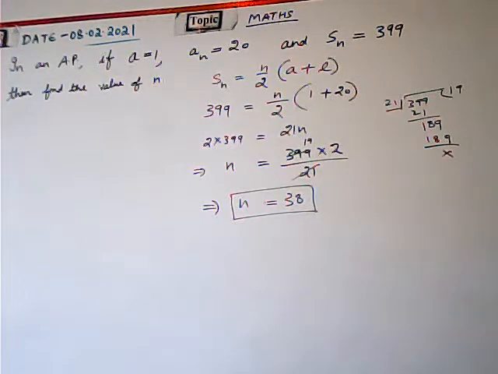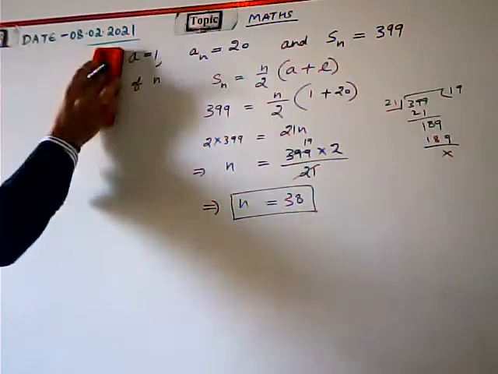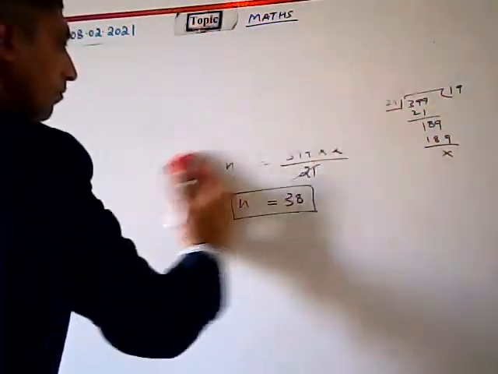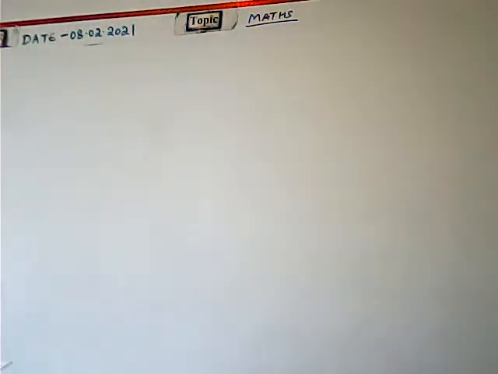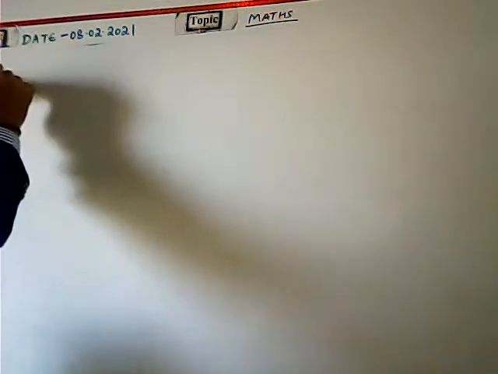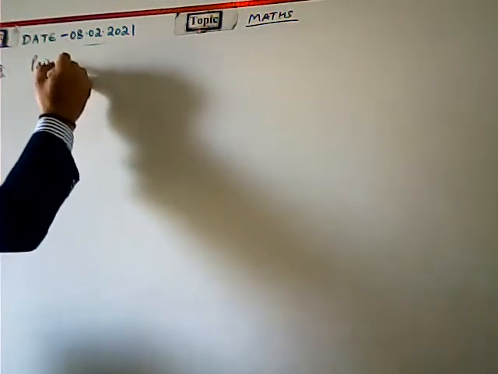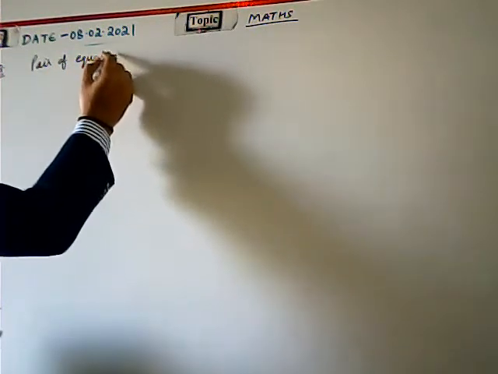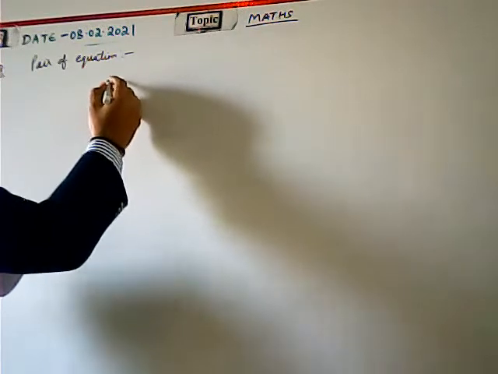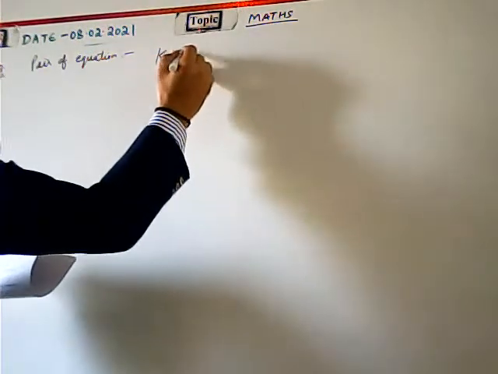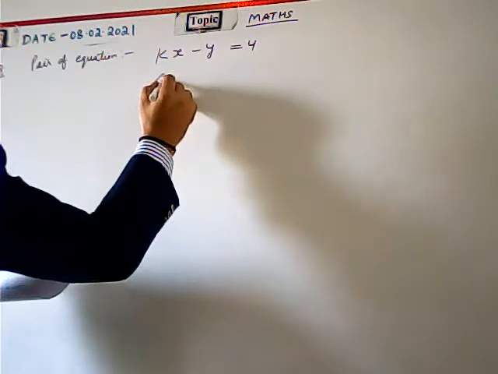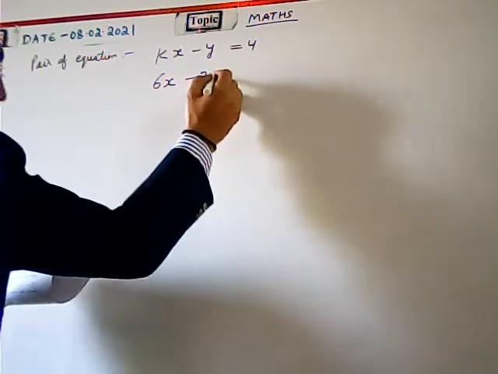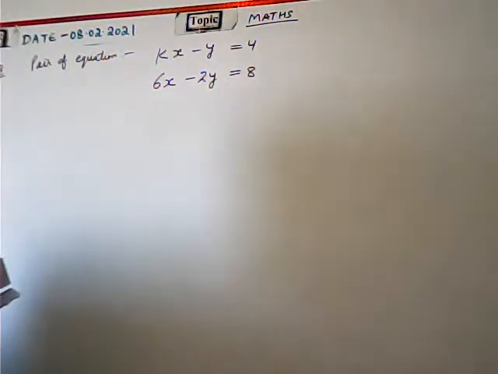Find the value of k for which the pair of equations kx minus y is equal to 4 and 6x minus 2y is equal to 8 will have infinitely many solutions.